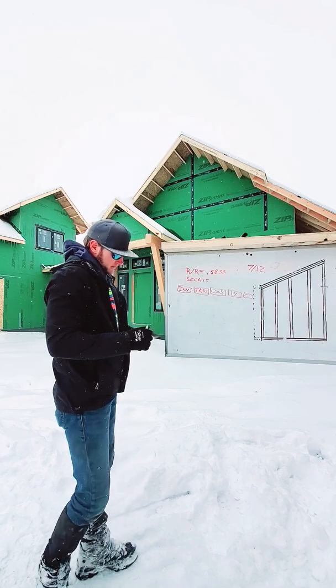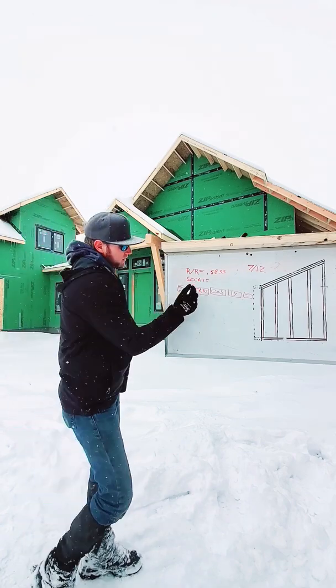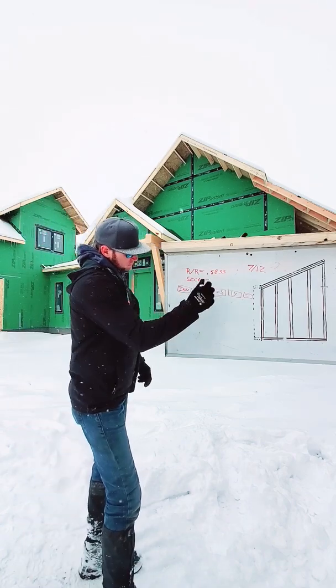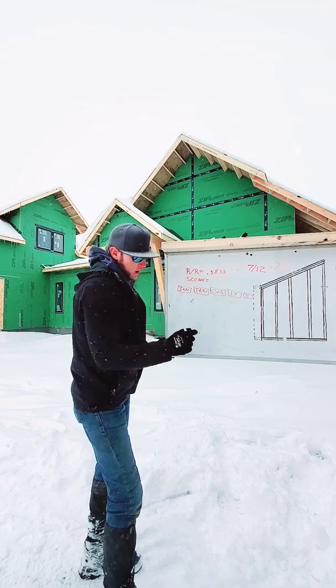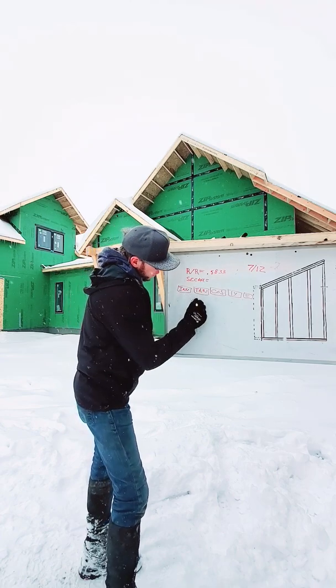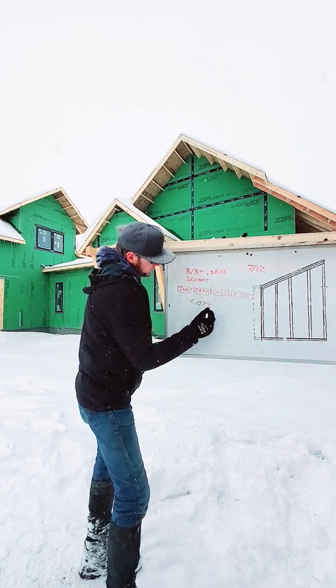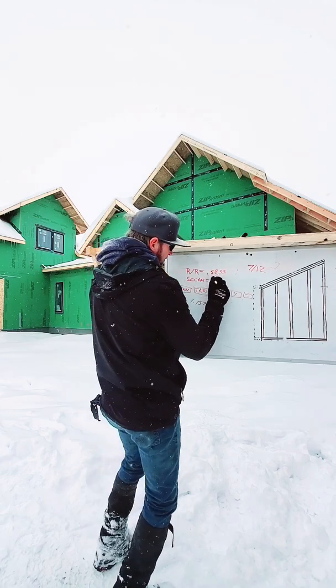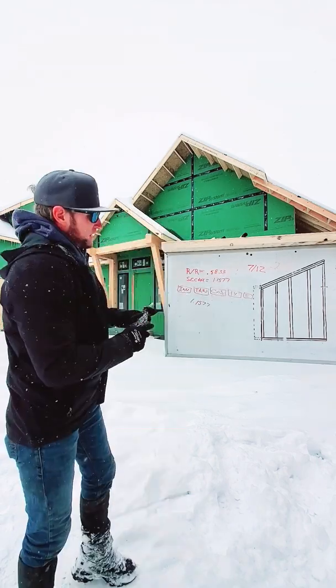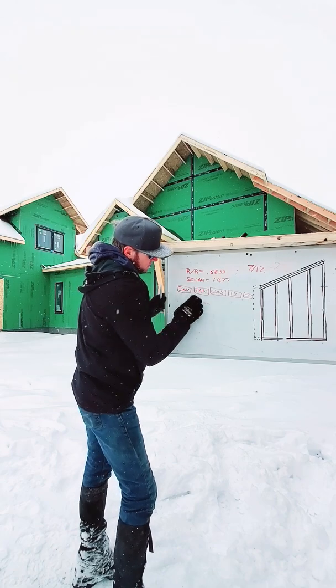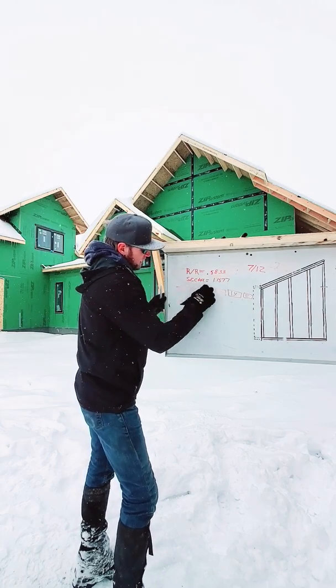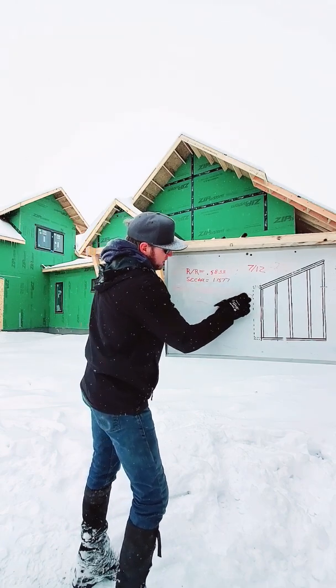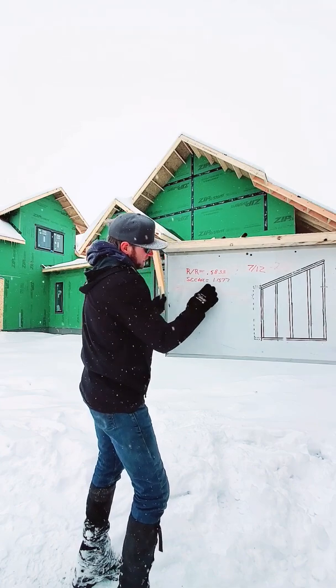The number displayed in the calculator is the secant. And for a 7/12, it's going to be 1.1577. That's the secant. That's what I need to figure out any rake wall. I need the rise-run ratio and I need the secant.